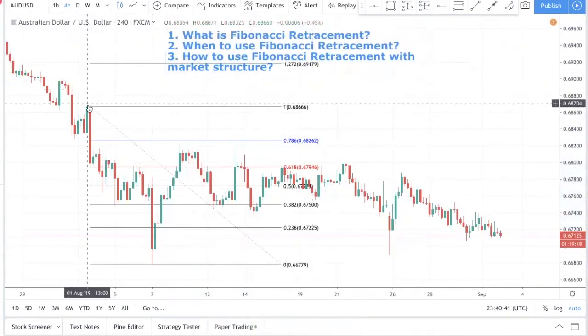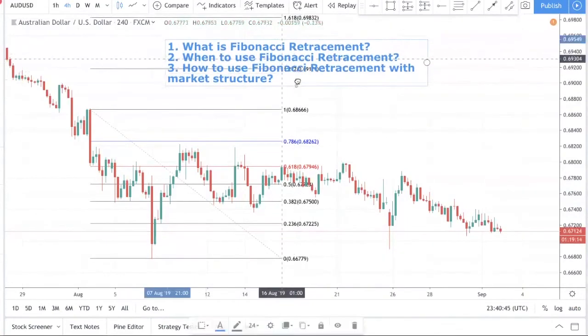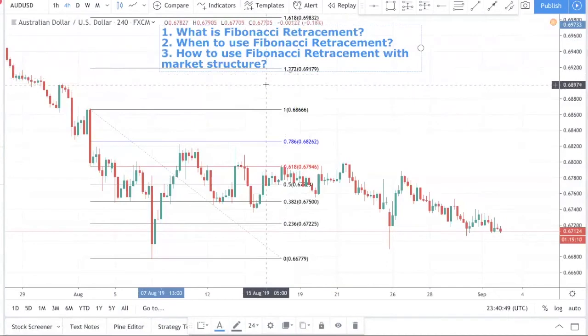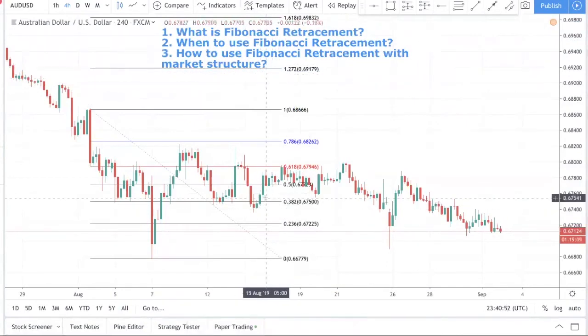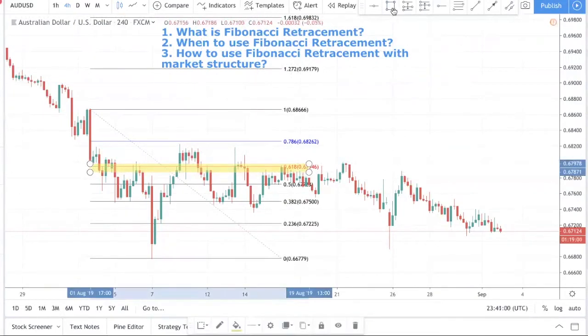I don't want to get too much into theory about the Fibonacci numbers, like how they were derived. Basically, all you need to know is that the market looks at these levels quite significantly. In particular, we found that the 0.618 and the 0.786 are the two most important levels.